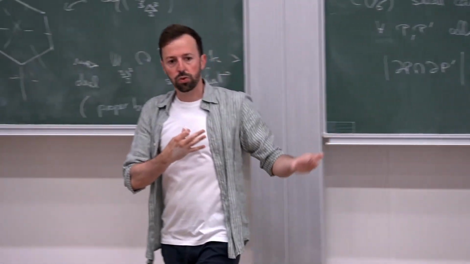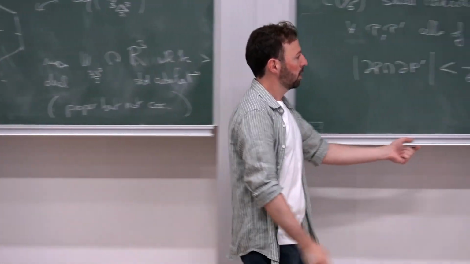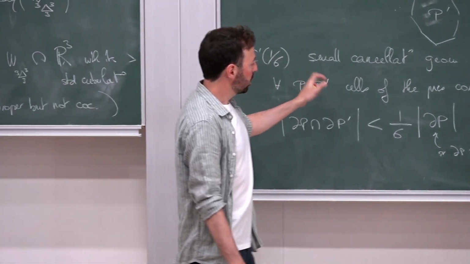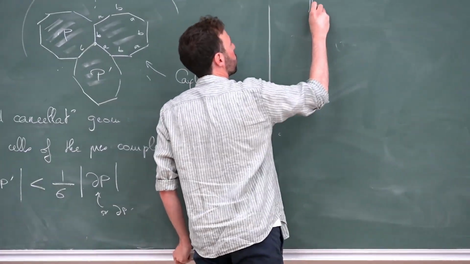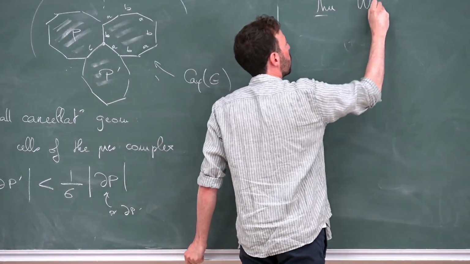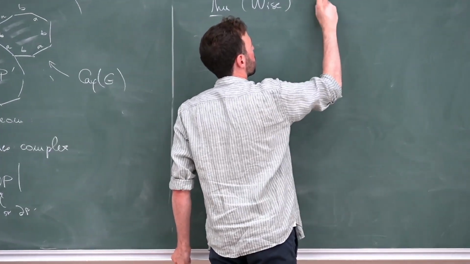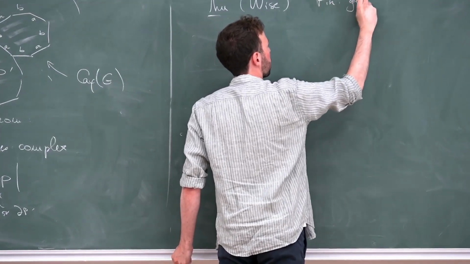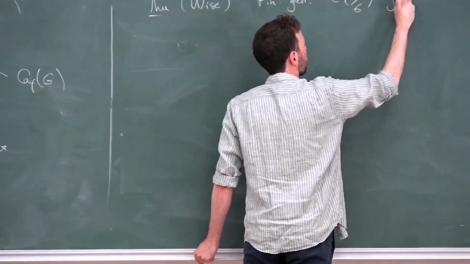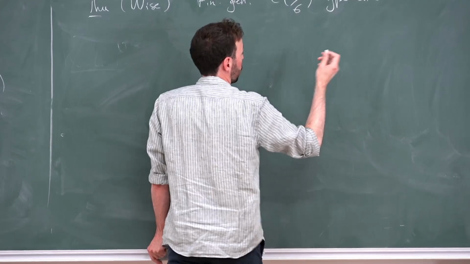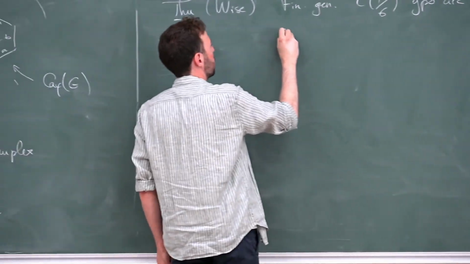So that's a small cancellation condition, and using this geometry, Wise was able to prove that finitely generated C prime 1 over 6 groups are actually co-compact freely cubulated.